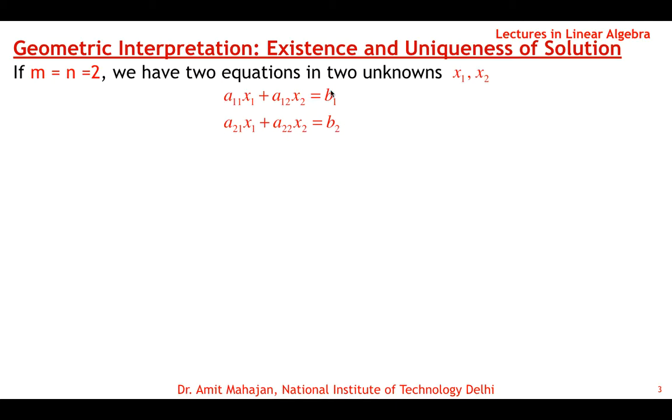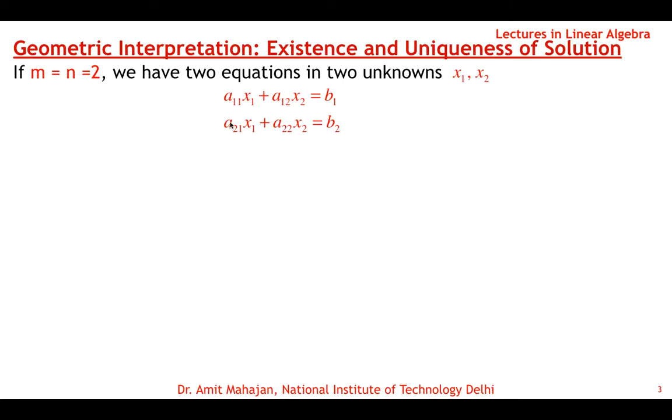Say these are the two equations. There is a linear system with one equation a11x1 plus a12x2 equals b1, where a11, a12 and b1 are numbers and x1, x2 are unknowns. Similarly the second equation is a21x1 plus a22x2 equals b2.